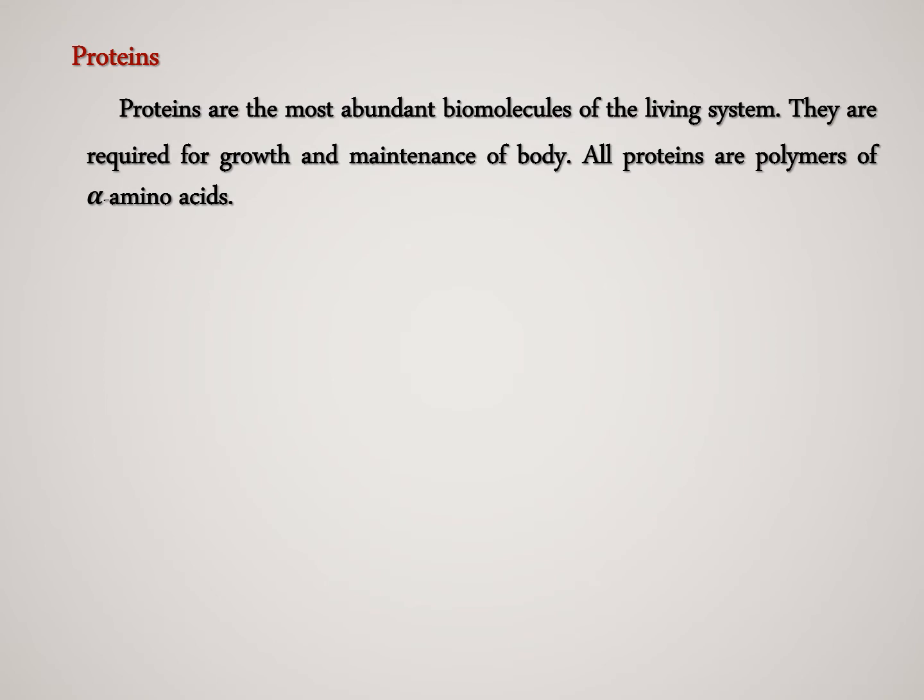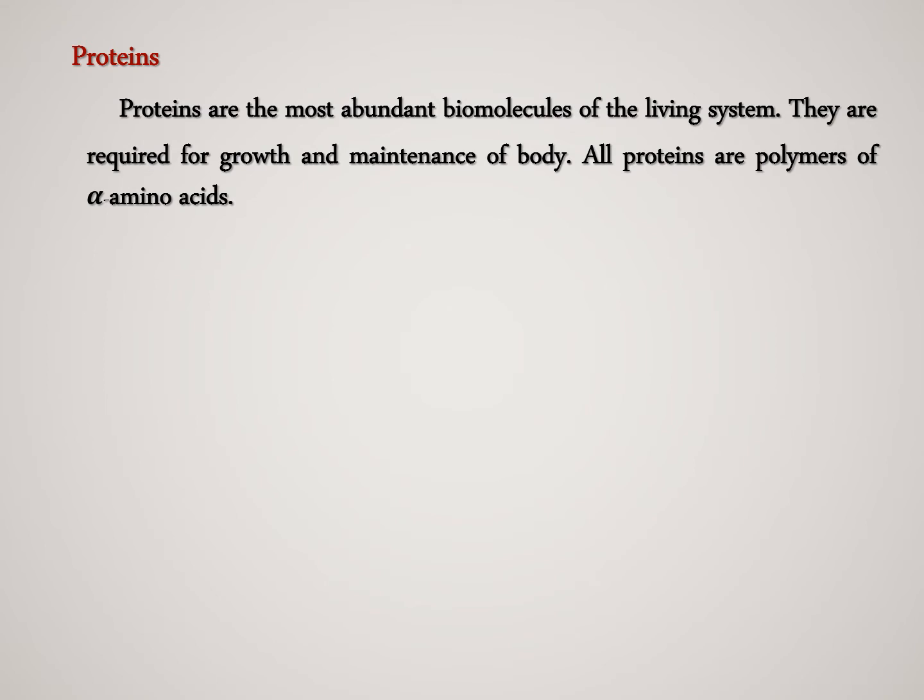Now, how did this name protein come? This is a Greek word, proteos, which means of prime importance. Proteins are very vital chemical substances which are essential for growth and maintenance of life.